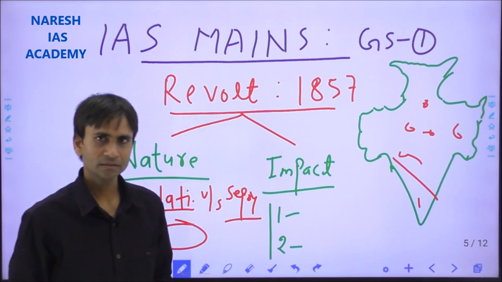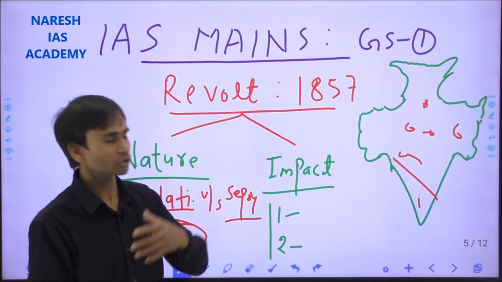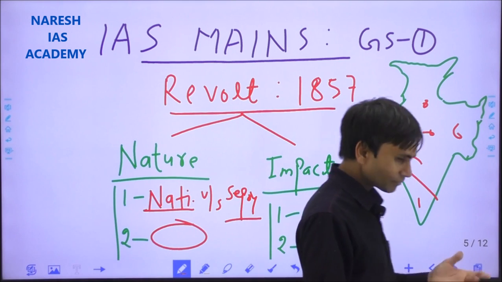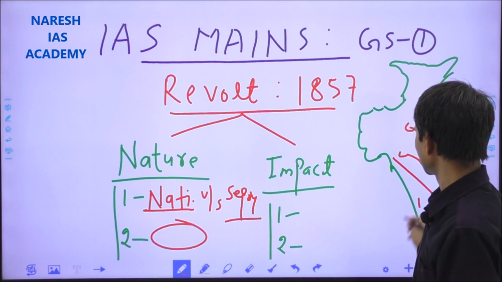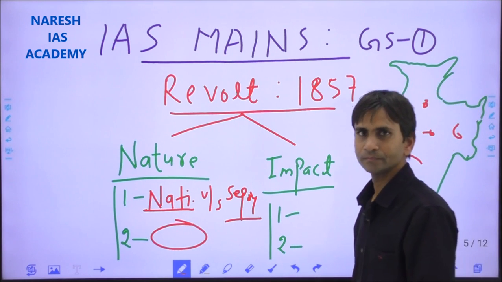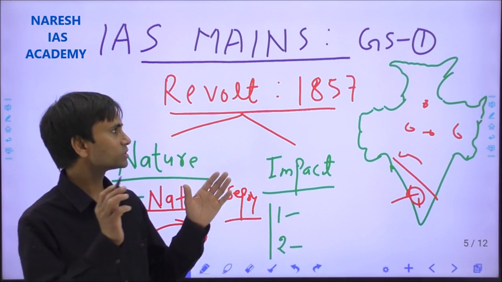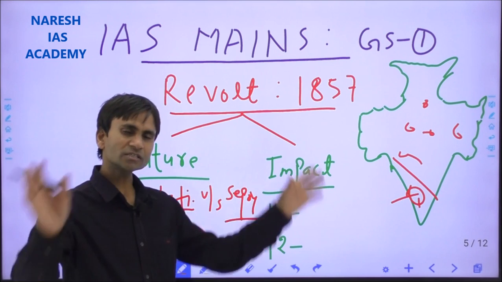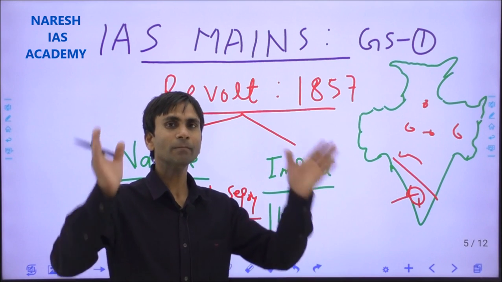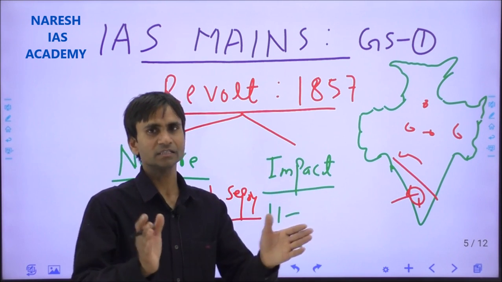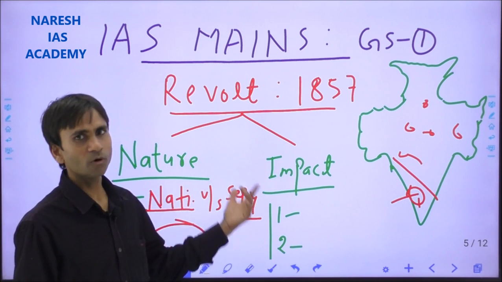And why first? There were many revolts or uprisings by peasants, tribals, and the British Indian Army too, in 1806 at Vellore, Karnataka. But this was a revolt on a large scale, through a big platform and big leadership, presented for the first time.